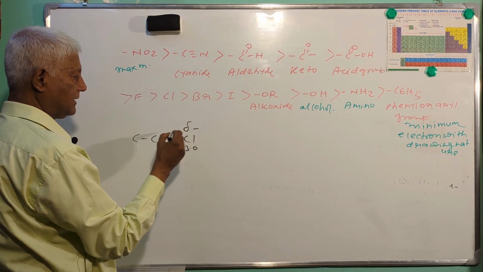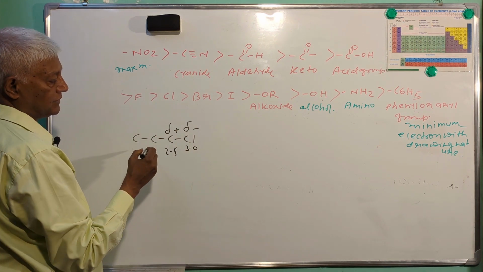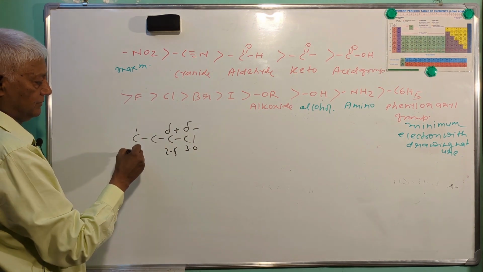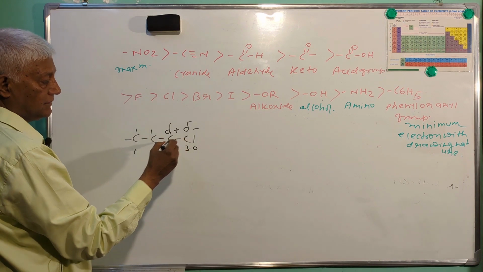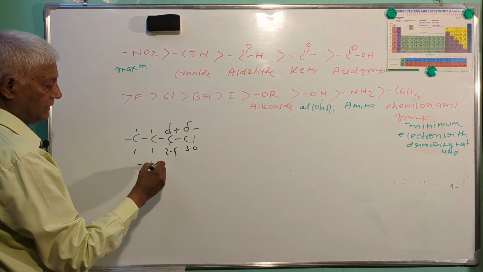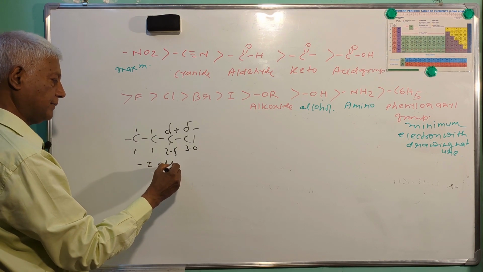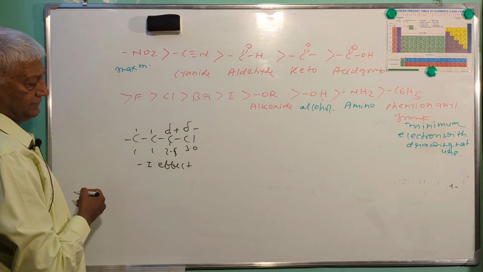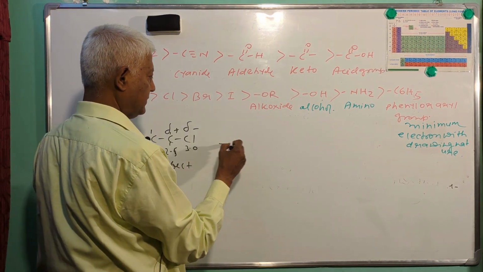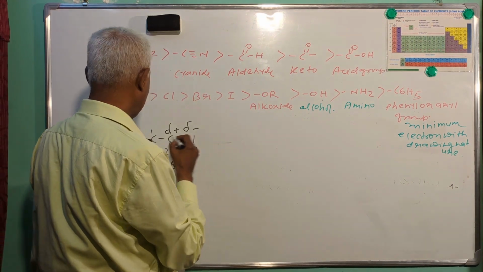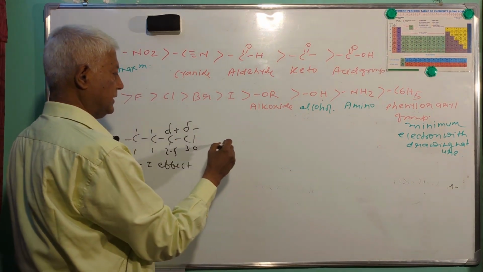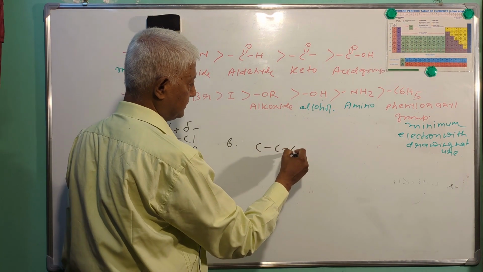So it develops a slightly negative charge on chlorine and a slightly positive charge on carbon. That is an example of the negative inductive effect.